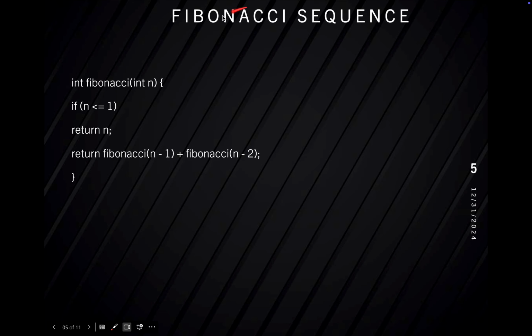Let's move forward to another problem: what is the Fibonacci series? When you Google what the Fibonacci series is, you will see 0, 1, 1, then 2, then 3, then 5, then 8.